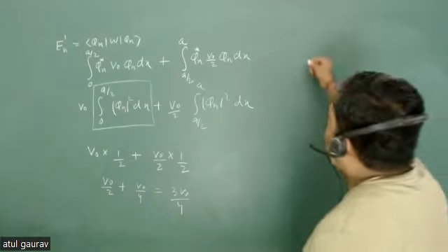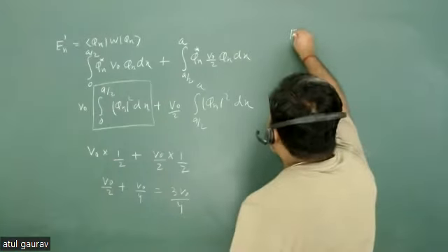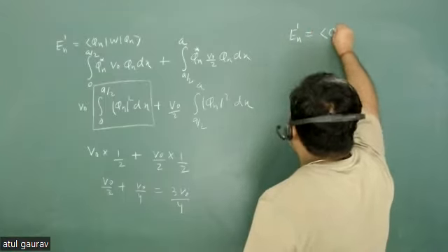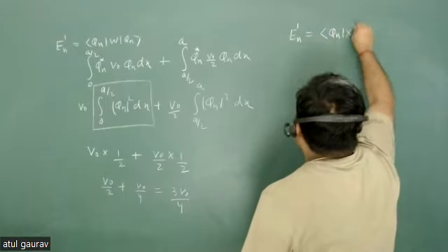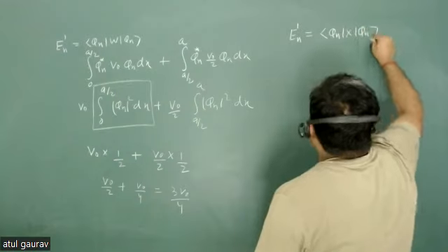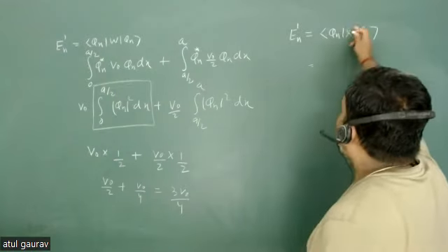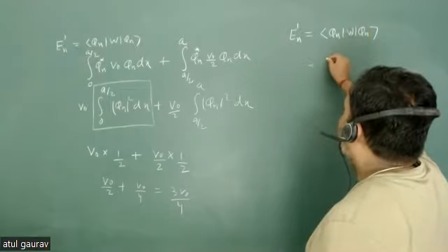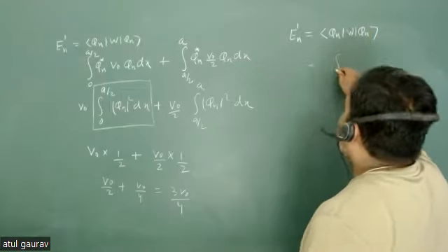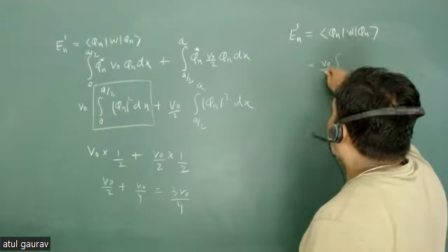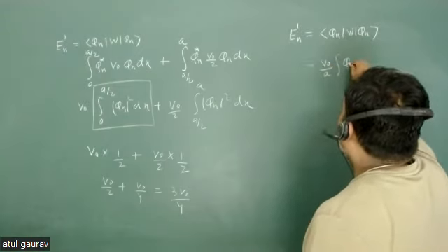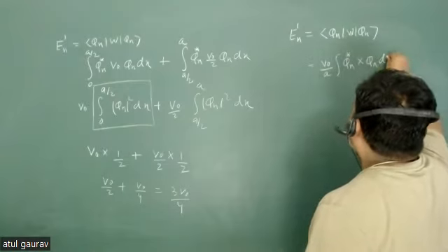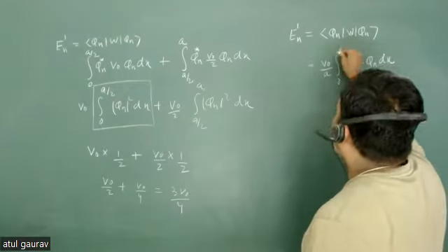Okay, let us go for the second one. What is your second one? E_n^1 is again phi n star W phi n, and what is your W here? V naught x by a. So taking V naught by a outside, we have phi n star x phi n dx from 0 to a.